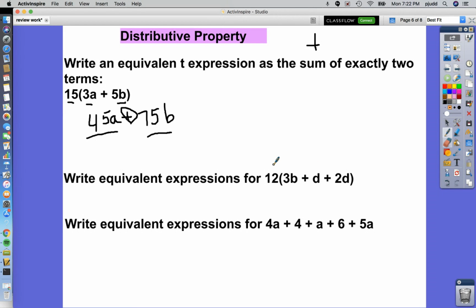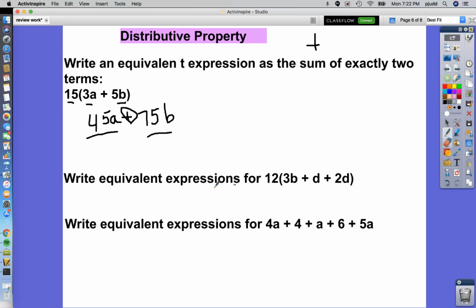Now, I need to find equivalent expressions for this expression here. And looking at this, it looks to me like this is the distributive property. Instead of just 2 terms inside the parentheses, there's 3. So let's check and see how you did with this.